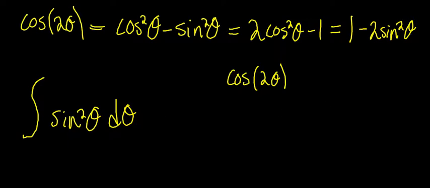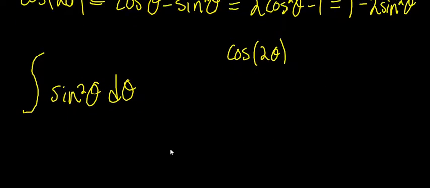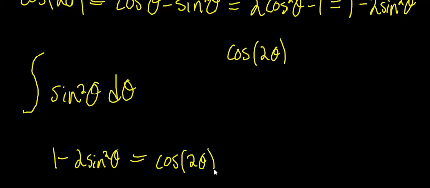So we can rewrite sine squared theta when we know that 1 minus 2 sine squared of theta is equal to cosine of 2 theta. So we can solve for sine squared of theta.